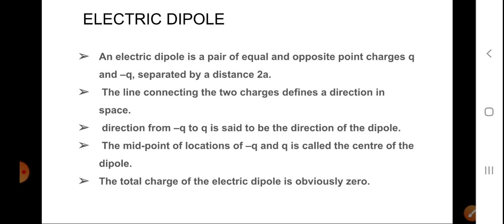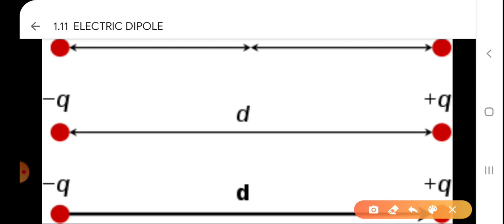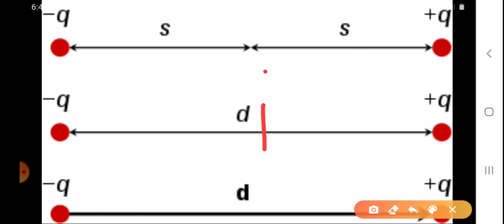We are going to discuss two expressions. For instance, there is a point, the center of the dipole O, and the line joining these two equal and opposite charges is called the axis of the dipole.